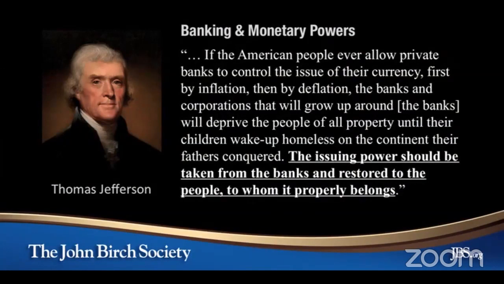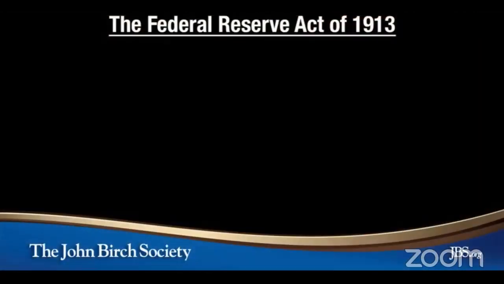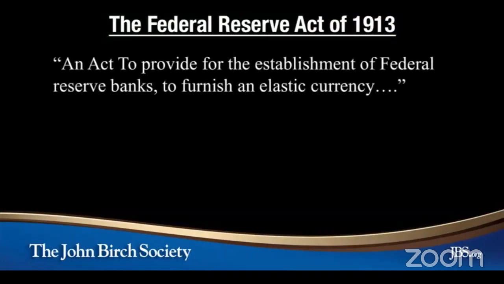His solution, the issuing power should be taken from the banks and restored to the people to whom it properly belongs. That is the only solution. Interestingly, as we read about the Federal Reserve Act of 1913, we find that solution in there. First of all, the very first part of the Federal Reserve Act starts out with this statement that it is an act to provide for the establishment of Federal Reserve banks to furnish an elastic currency.